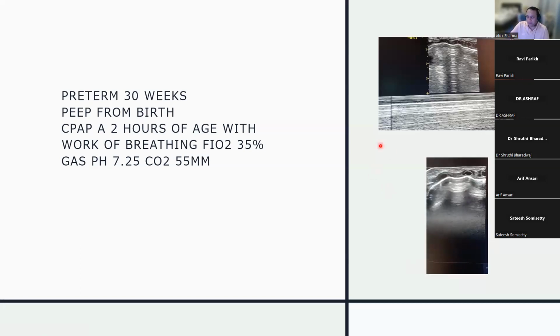Now, we could have given this baby surfactant on clinical grounds alone because he had a high FiO2 requirement right from delivery suite. Now, the risk in this situation, if you have a right pneumothorax, is lung compliance on a high PEEP. You give surfactant, you reduce the lung compliance, more pressure to that right lung, and there's a risk we could have actually made the pneumothorax worse.